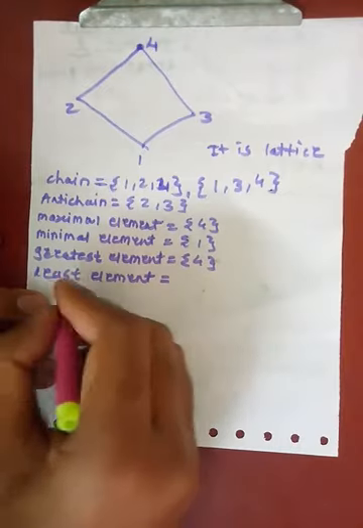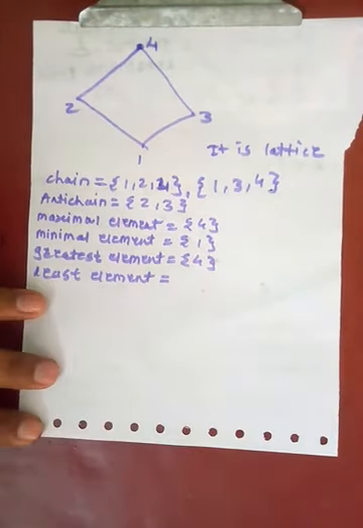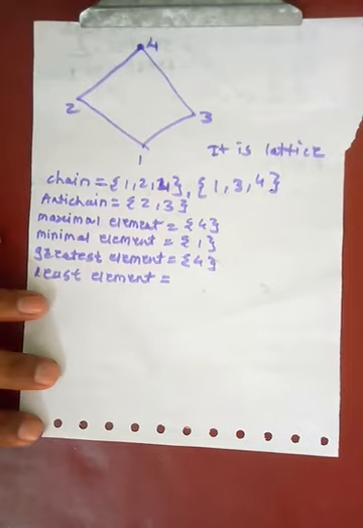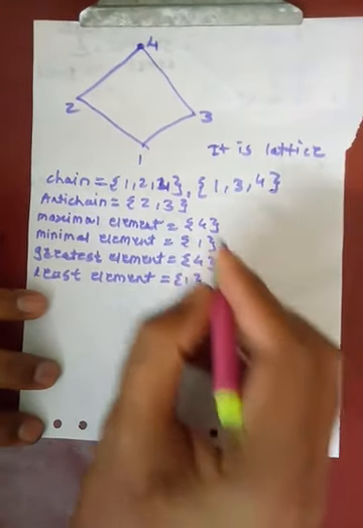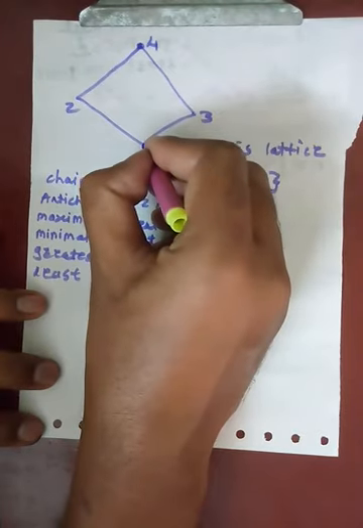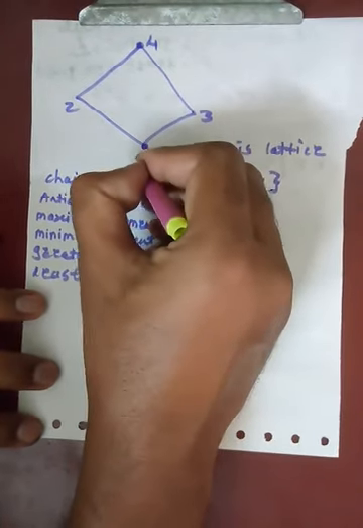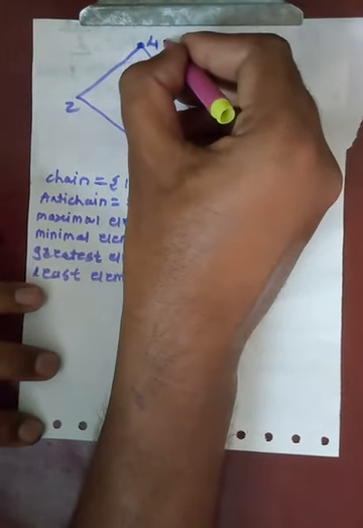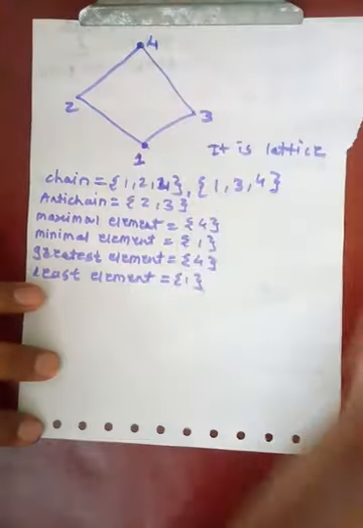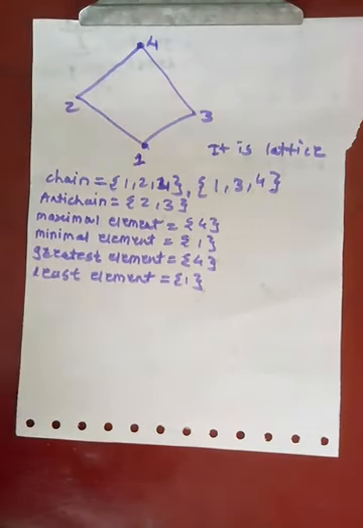Least element is at the lowest level and it should be the single element, again 1. So in that example, the minimal element and least element is 1, and 4 is the maximal element as well as the greatest element. Okay.